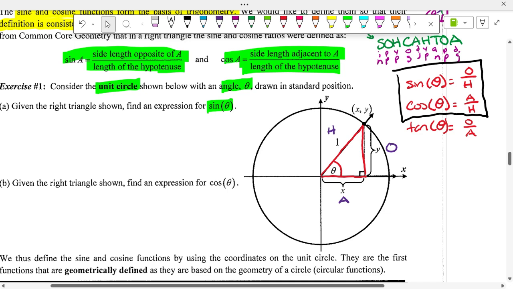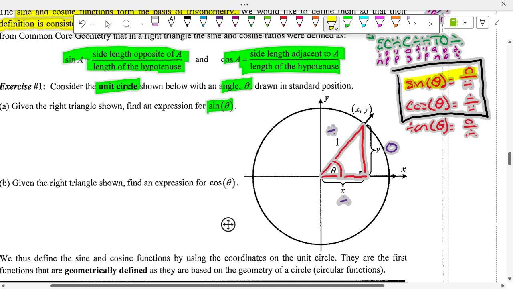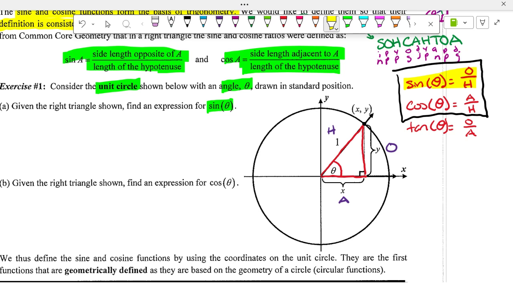So we just said that sine of theta is equal to opposite over hypotenuse. So if we replace the values that we have for our opposite and hypotenuse into that ratio, sine of theta is equal to what? What's labeled as my opposite? Y. Over, what's my hypotenuse? 1.